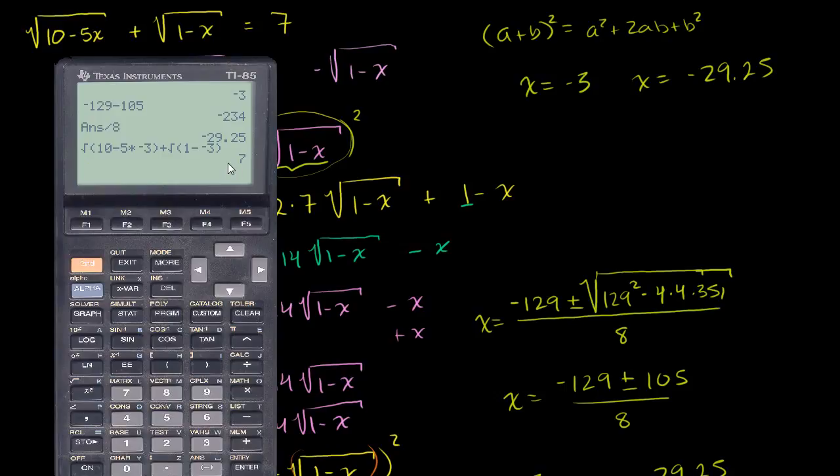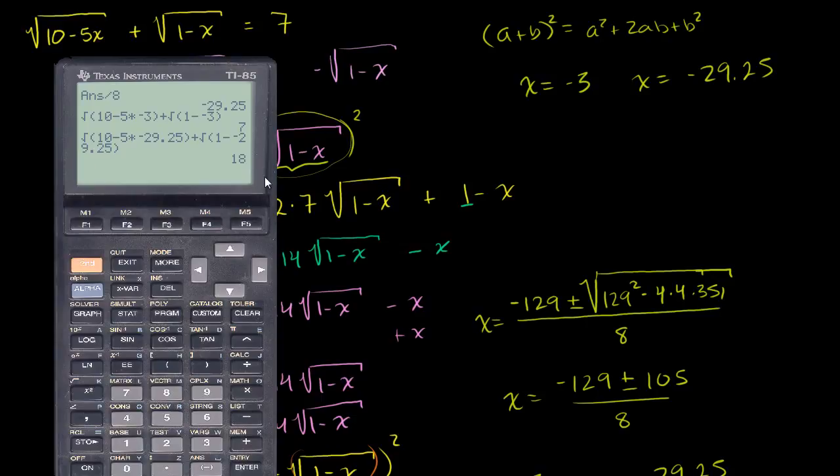Now, let's try negative 29.25, see what happens. So once again, the square root of 10 minus 5 times negative 29.25, close parentheses, plus the square root of 1 minus negative 29.25 is equal to 18.